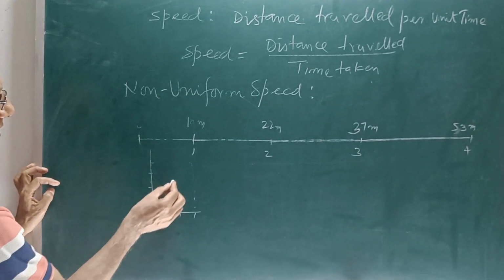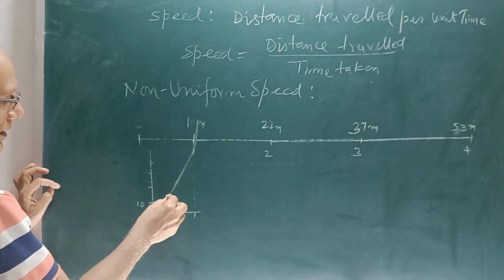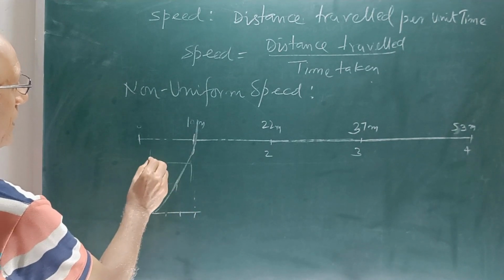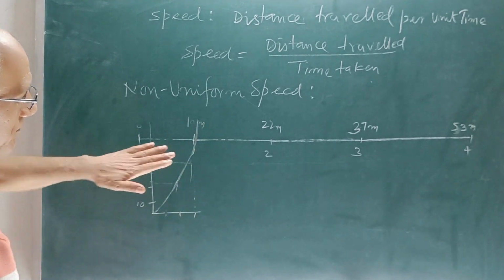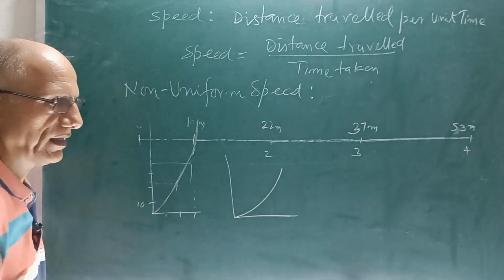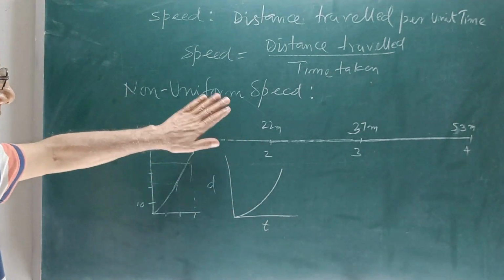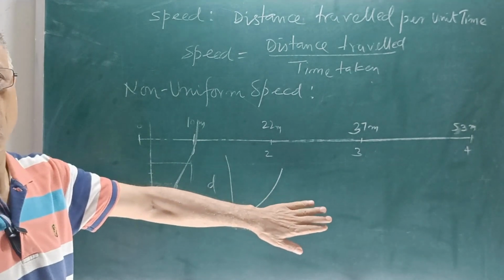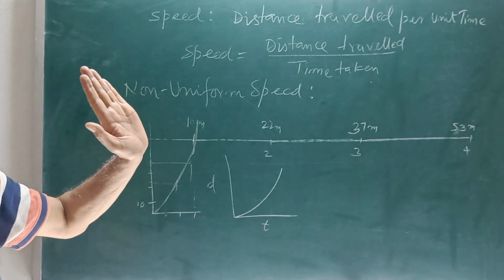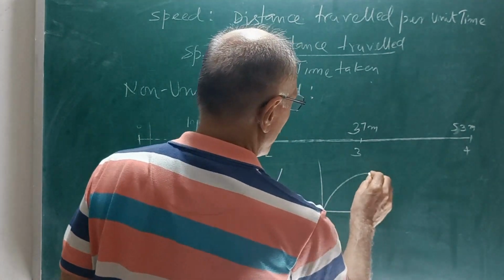So you don't have a straight line, you have a curve like this, and in this second you will get further. So whenever the graph is a curve, then we'll say that the body is moving with non-uniform speed. This curve may not be only this side, it may be like this also.